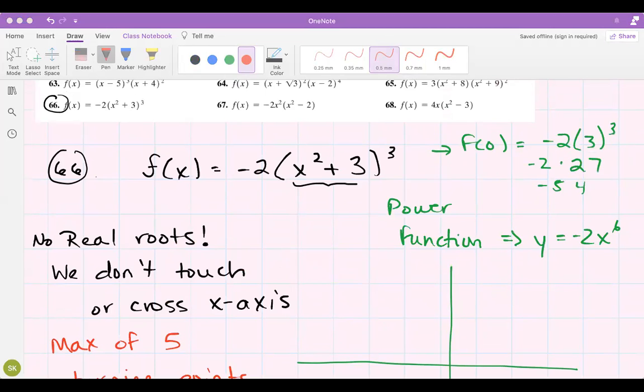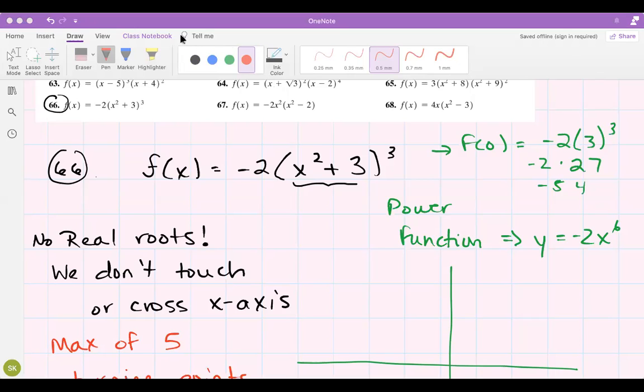So -2 x squared plus 3 cubed. Okay, so this one is not very pretty. Let me also put it in a different graphing calculator.